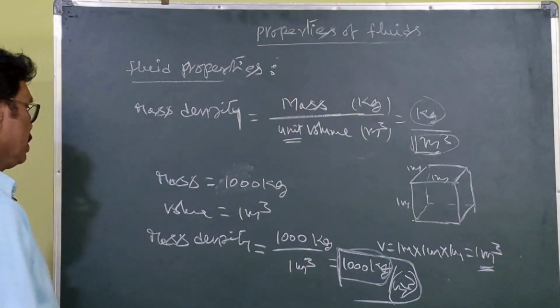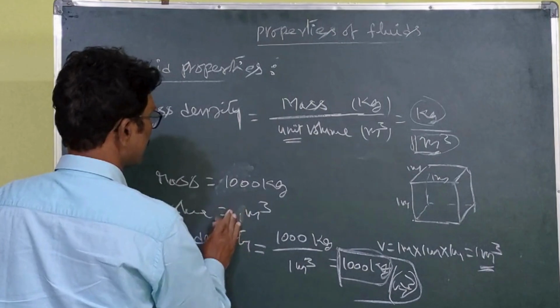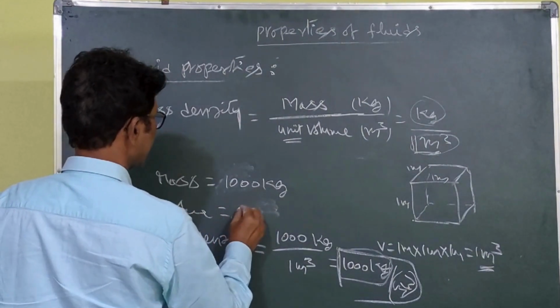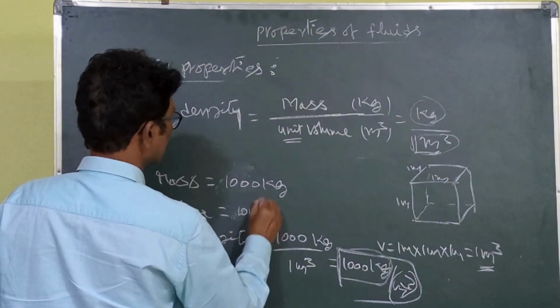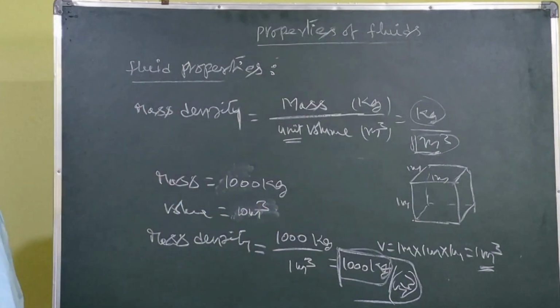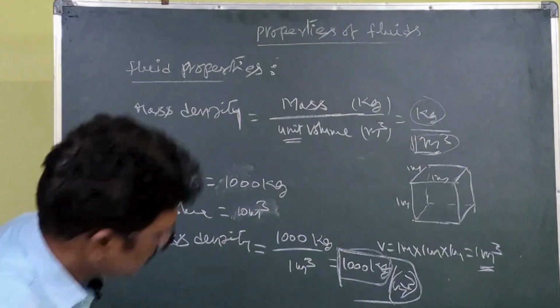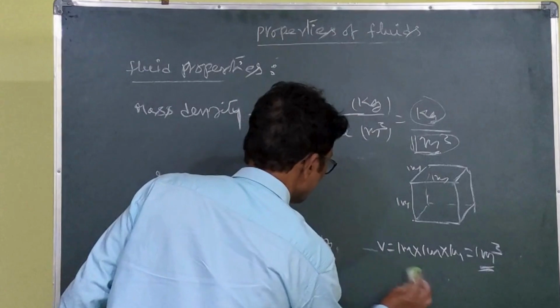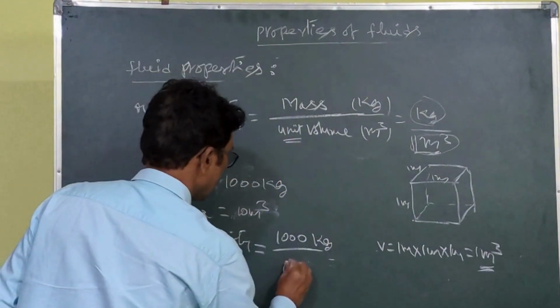Here, of course, suppose the volume equal to 10 meter cube. In this case, suppose they ask to find the mass density. The same thing, so here volume equal to 10 meter cube.